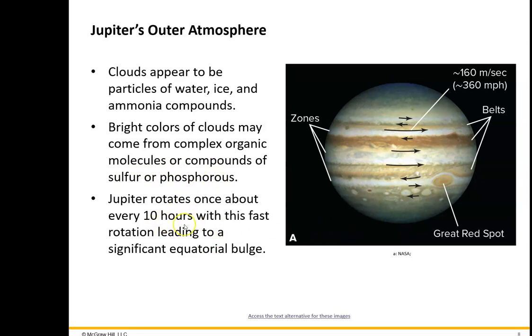So it's hard to tell how fast Jupiter is rotating, and we found that it's a very difficult idea because remember, it's not a solid, right? So it doesn't rotate around as a solid. But if you look at the equatorial bulge, because it's spinning around, it bulges out a little bit at the center.